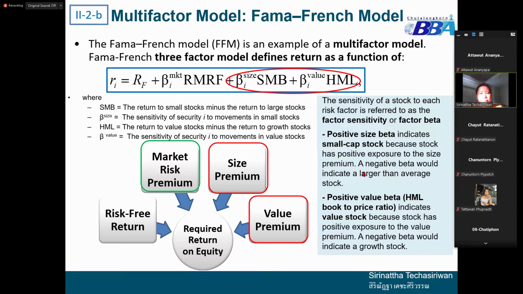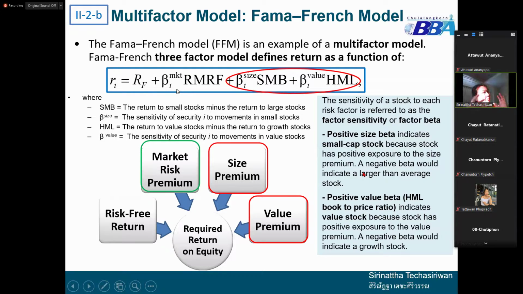But Fama French found out that there are anomalies: the expected return of small cap firms is supposed to be higher than large cap firms of similar market risk, of similar market beta.